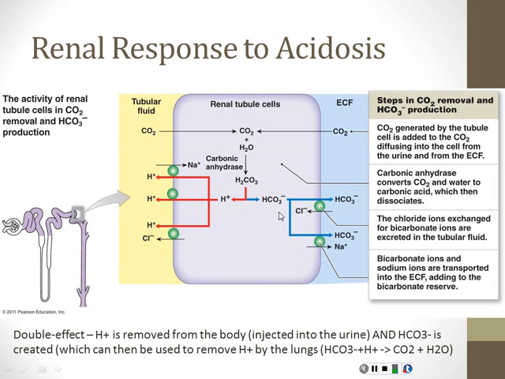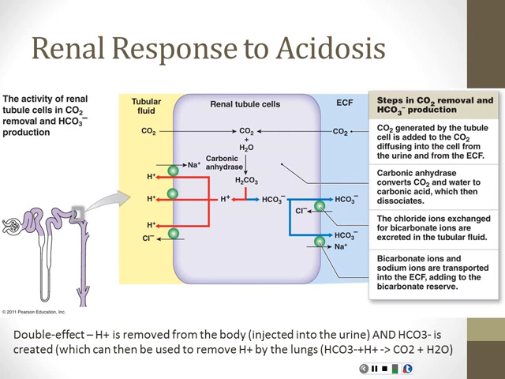And here's where the kidney does some pretty fancy chemistry, or pretty fancy molecular physics. So the carbonic acid breaks down into an H plus and an HCO3. And you'll notice that the products of that are sent in two different directions. So if we look at this, H plus and HCO3, we said that as long as there's bicarbonate, we can use bicarbonate to get rid of H pluses in the lungs, right, by pushing this way.